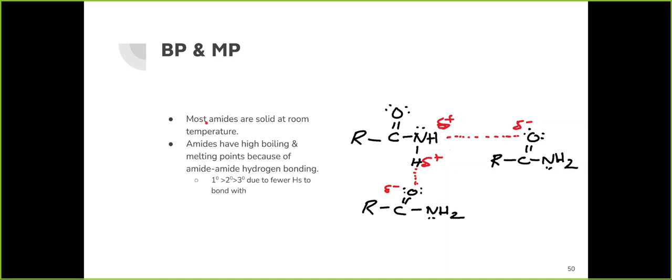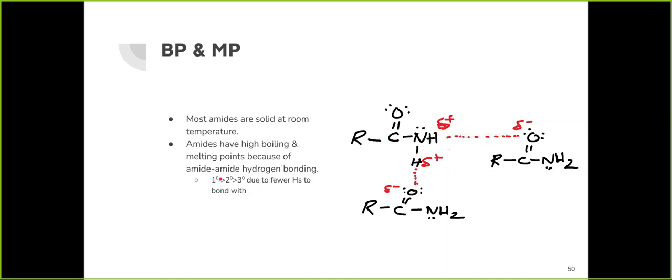Okay, most amides are solid at room temperature. Amides have high boiling and melting points because of amide hydrogen bonding. So again, here you can have your slightly positive hydrogens attracted to these slightly negative oxygens on other amides.